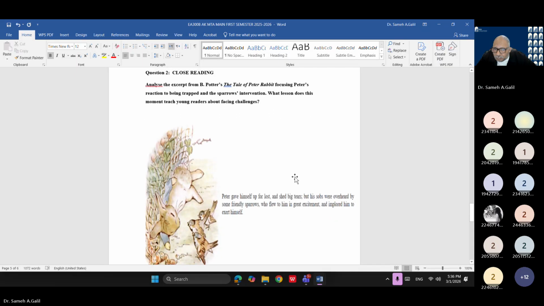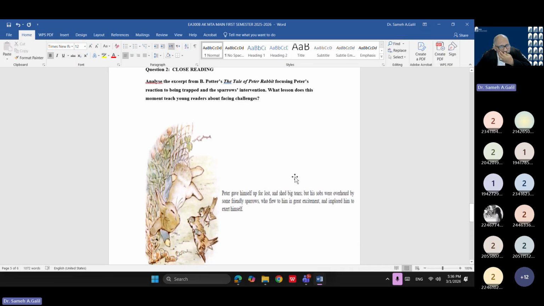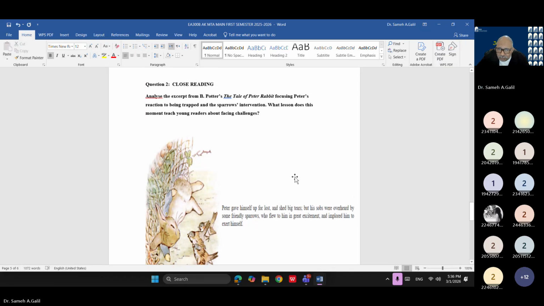See, again, it's full of very nice ideas that you can tweak and manipulate and then come up with a coherent essay. Interesting.